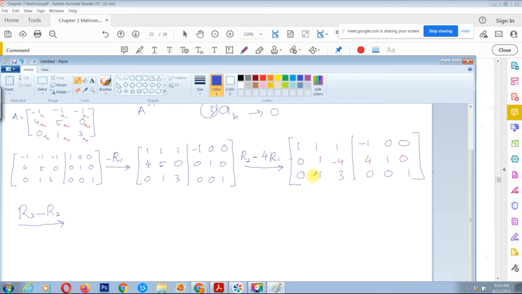Because if we minus the first row, what will happen? Let's try. I am just showing the wrong way.